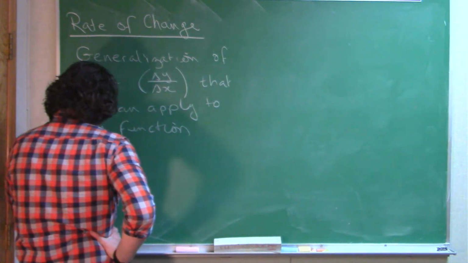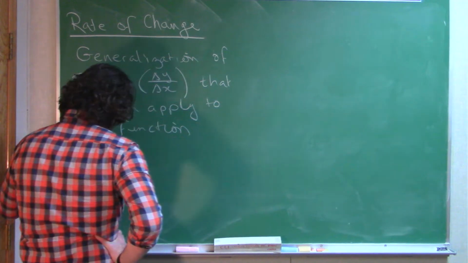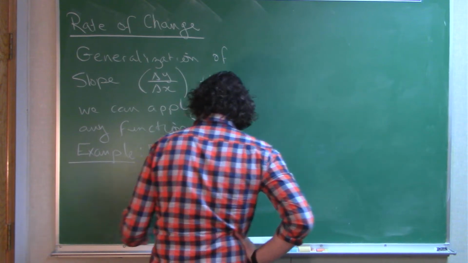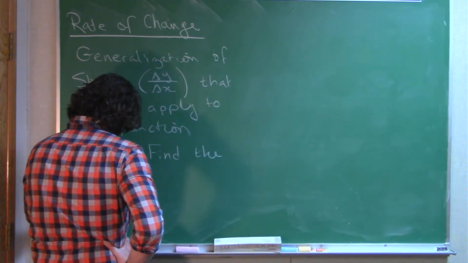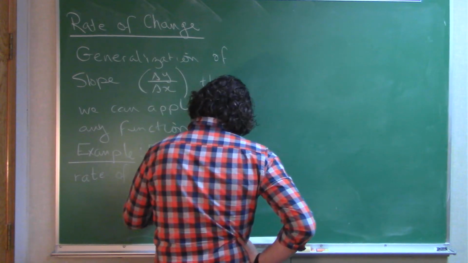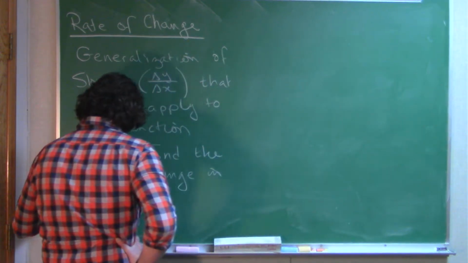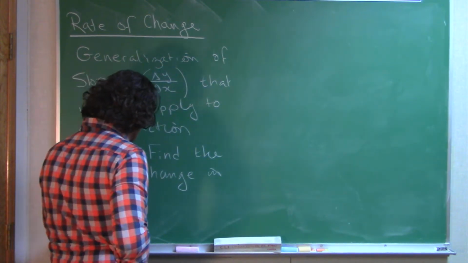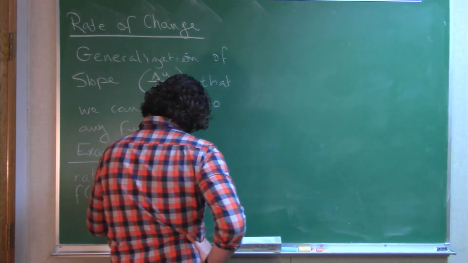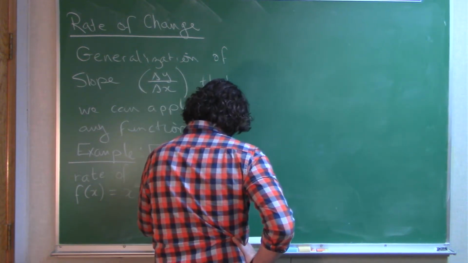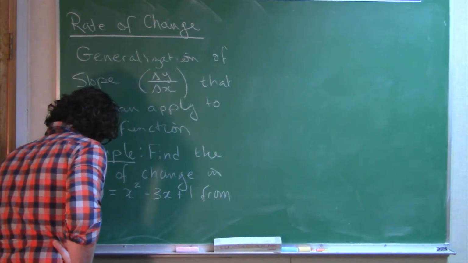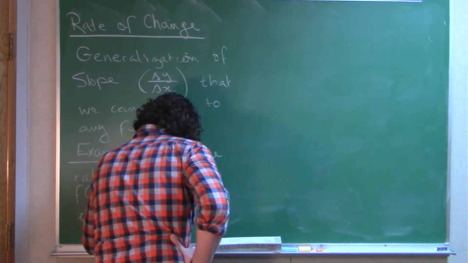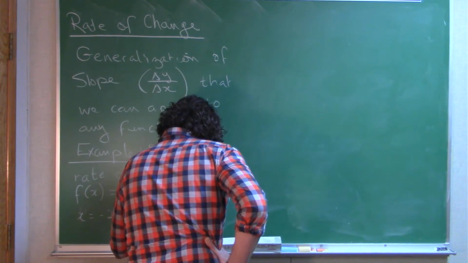Let's look at an example here. Let's try to find the rate of change in f of x equals x squared minus 3x plus 1 from x equals -2 to x equals 5.